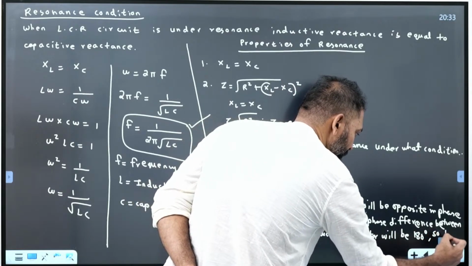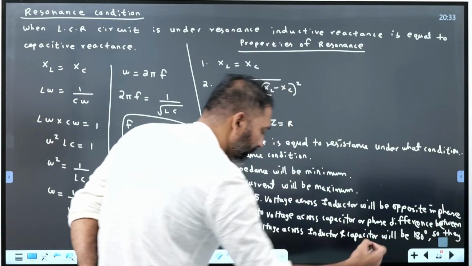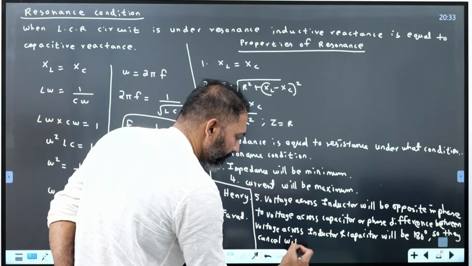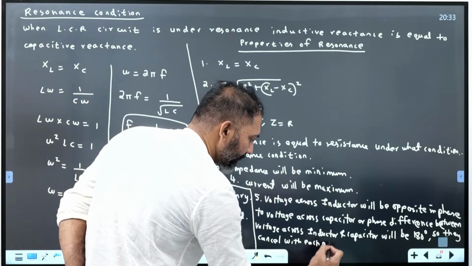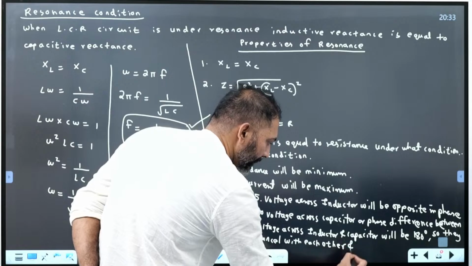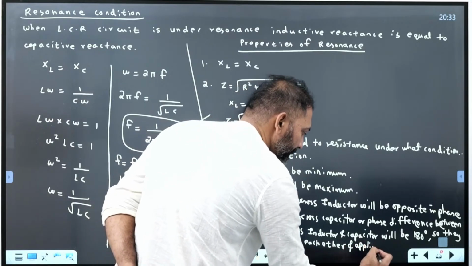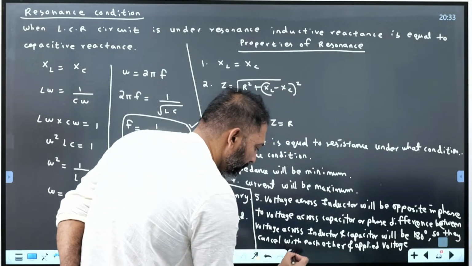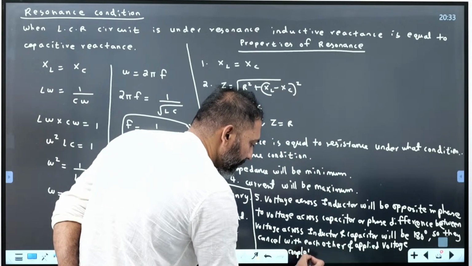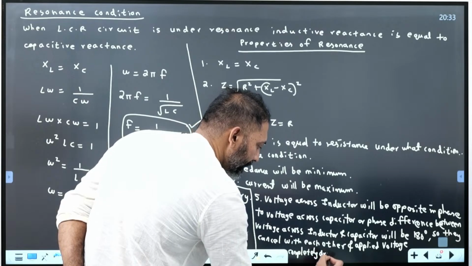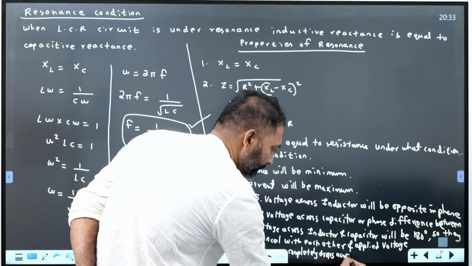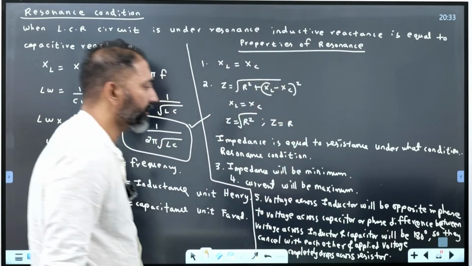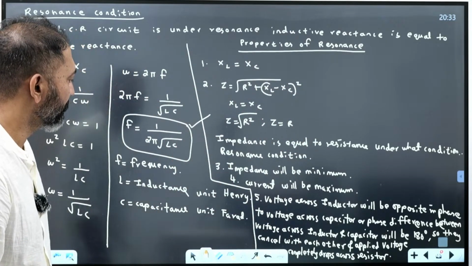So they cancel. They means voltage across inductor and capacitor cancel with each other. And the applied voltage completely drops across resistor.